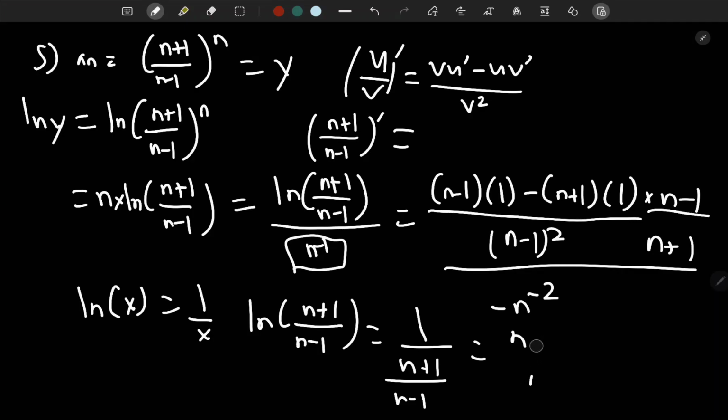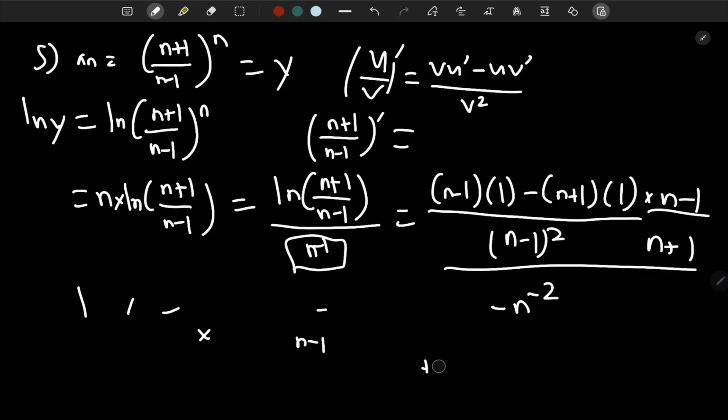So now let's start simplifying our answer. So let me just erase all this. We notice that we have n minus 1 here, and we have n minus 1 squared, so we can cancel one of them here. So we will be left with this over here. And let's simplify this part. So n minus 1 multiplied by 1.